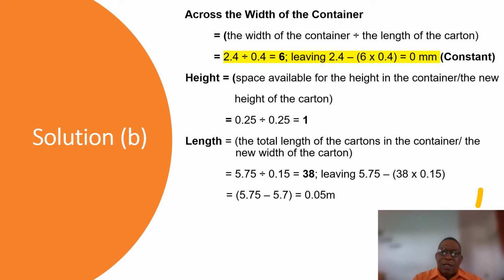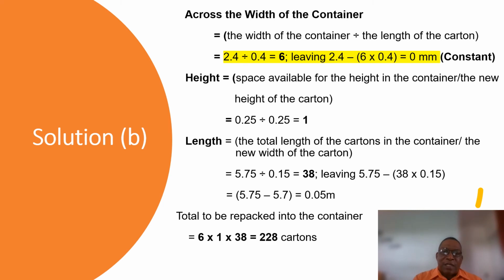Now, let us see how many cartons we repacked. Total to be repacked, we again will use the 6 times the 1 times the 38. And let us see what that gives us. So we have 6 times 1 times 38 gives us 228.